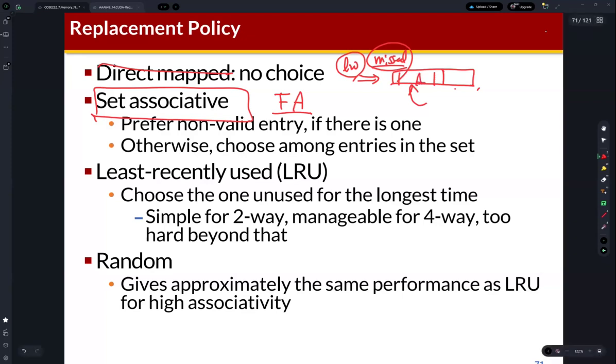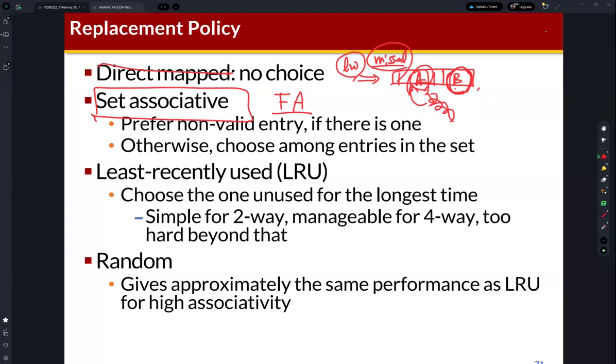This is block A, and this is block B. If we know that block B will be used in the future, then we need to evict block A, right? Obviously. Among the two blocks, we can evict block A.